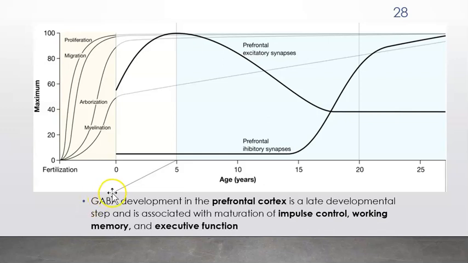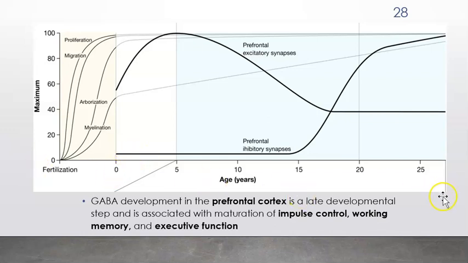So what this is showing is this top line here is showing the amount of excitatory synapses that we have in our prefrontal cortex, and then down here, this line is showing us the amount of inhibitory synapses in that prefrontal cortex.